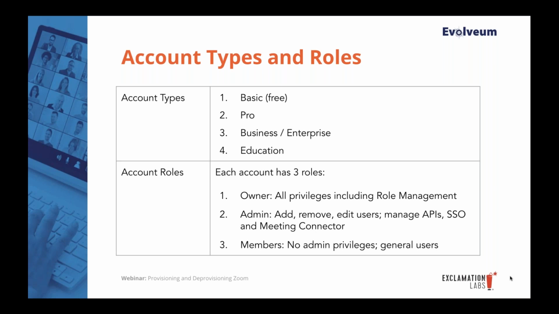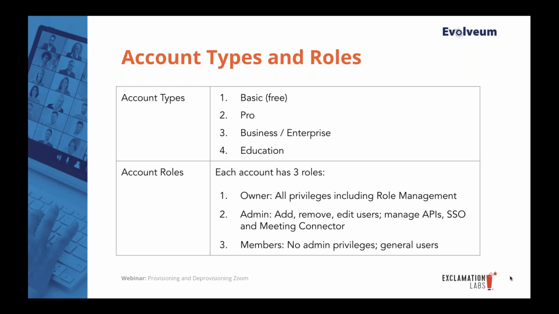They have access to everything. You have administrative level accounts that are mainly for managing users, connectivity, and organizing the way that Zoom operates within an organization, and then just the basic member accounts, which have no administrative privileges. Generally, they're basic users. Now, those can also apply to the various account types above in different ways.